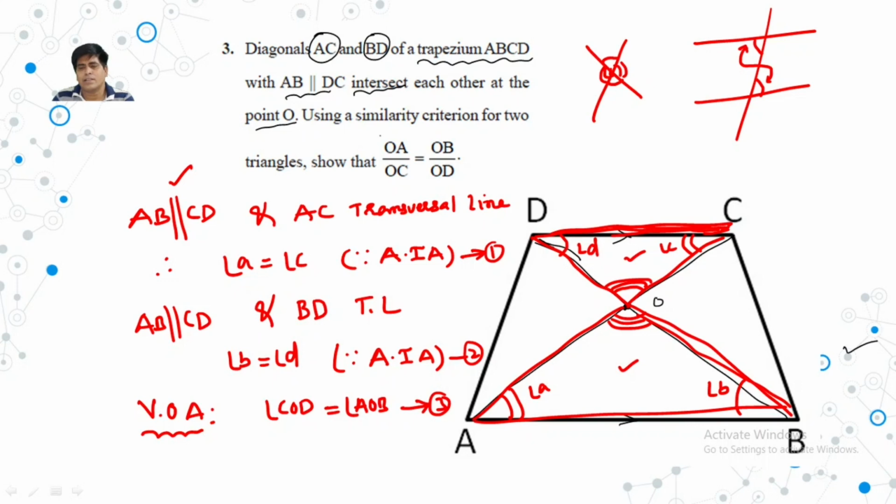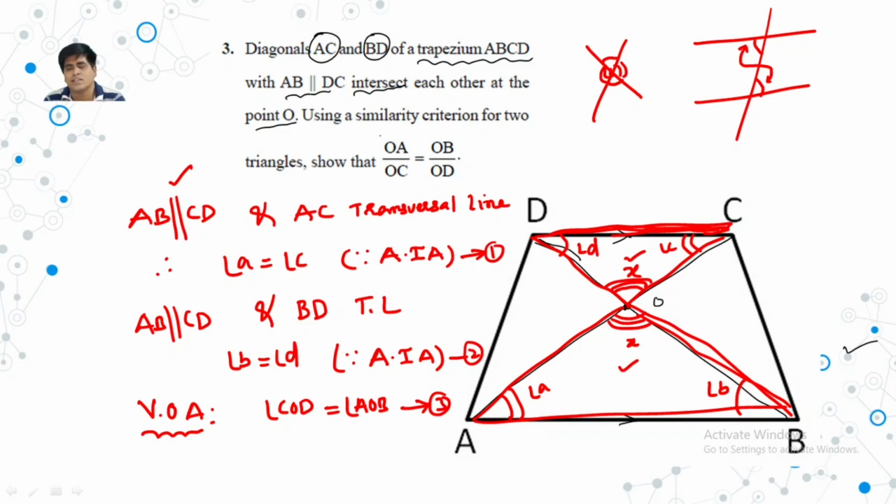If you observe clearly, if I take this as x and this as x, they are all equal. All three angles in the upper triangle are equal to all three angles in the lower triangle. Therefore, definitely these two triangles are similar.